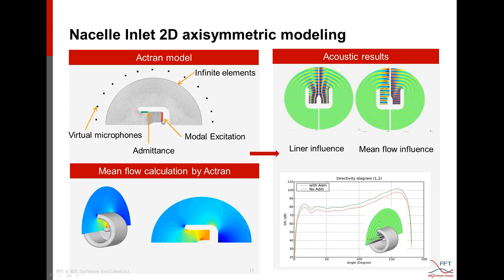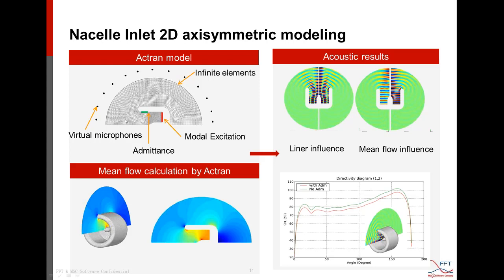We see that at the fan location, we apply a modal excitation, simulating the fan excitation. Then at different locations on the nacelle, we model the absorption. In Actran, we apply admittance, which is basically the inverse of impedance, so it characterizes the absorbing capability of the liner.